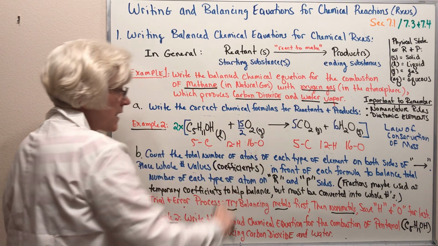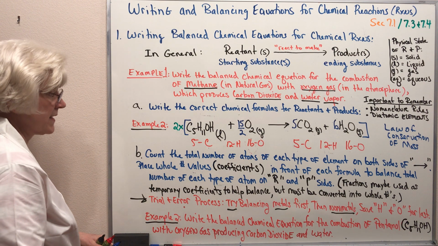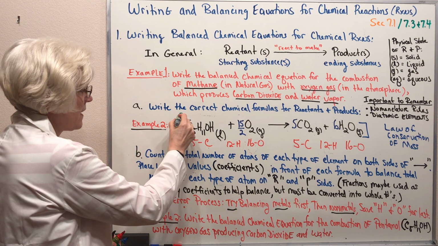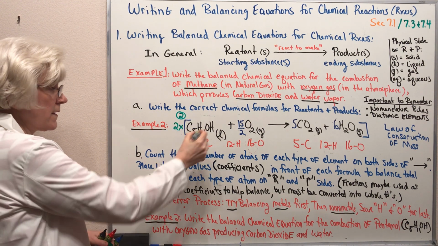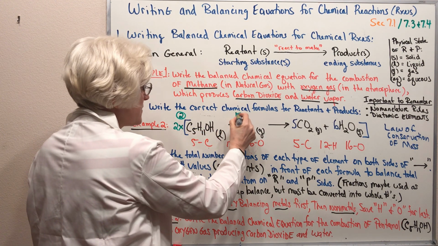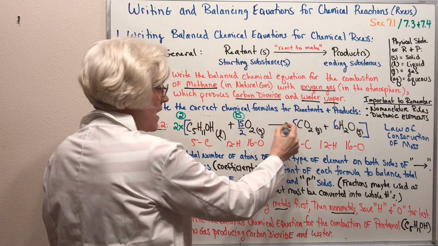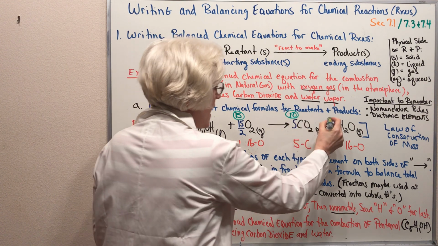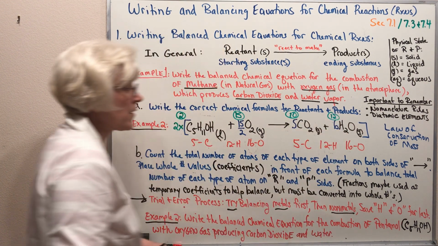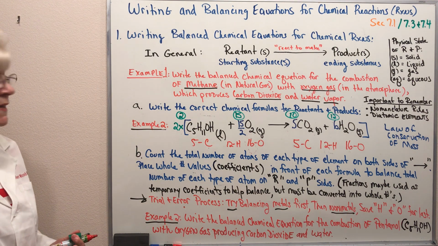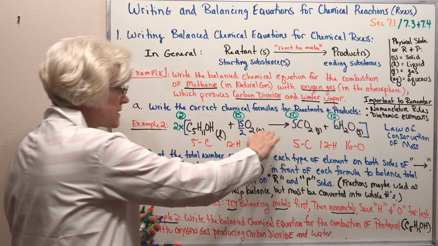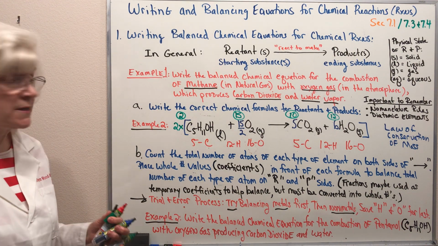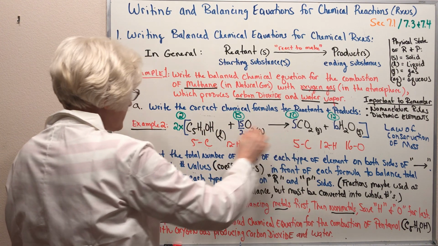So when we multiply everything through by 2, that's going to give us a final coefficient of 2 for the pentanol, 15 for the oxygen, 10 for the carbon dioxide, and 12 for the water. These will be our final coefficients when we multiply every single coefficient through by 2 to maintain the equality.